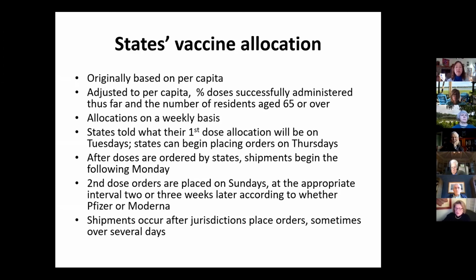It was adjusted to not only be per capita, but to also include the percent of doses successfully administered thus far and the number of residents aged 65 or over. That percent of doses successfully administered has two implications.